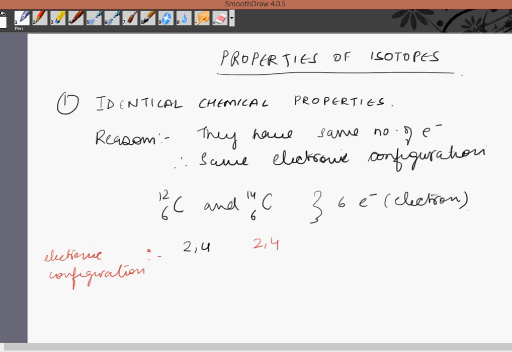So friends, what is the second property of the isotope? Can you guess this?